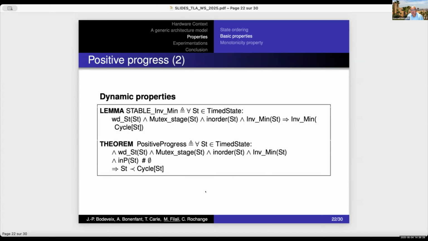And thanks to these properties, we can state formally the positive progress. And as usual, in order to state a property, we had to exhibit invariants that are necessary to have this strict progress property.